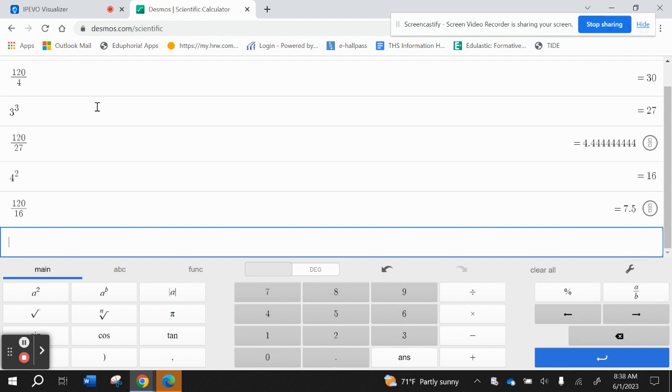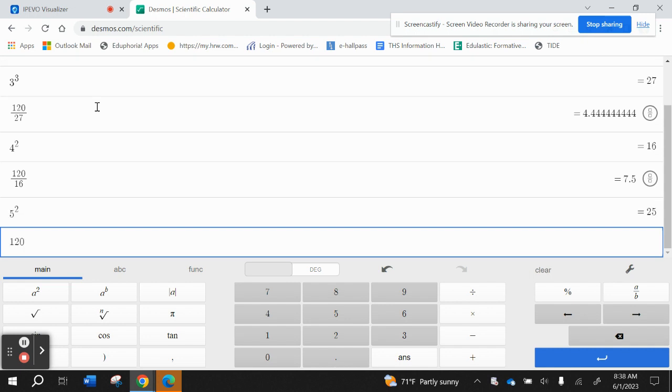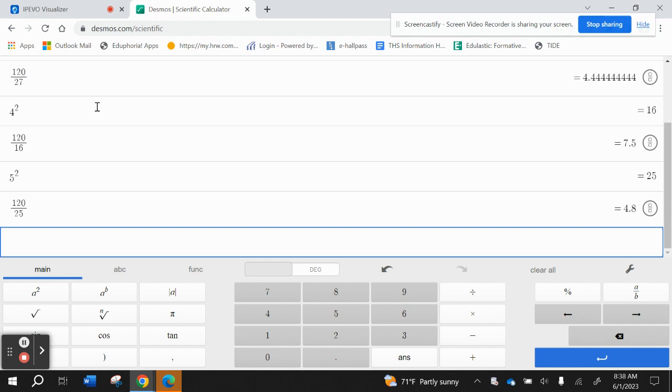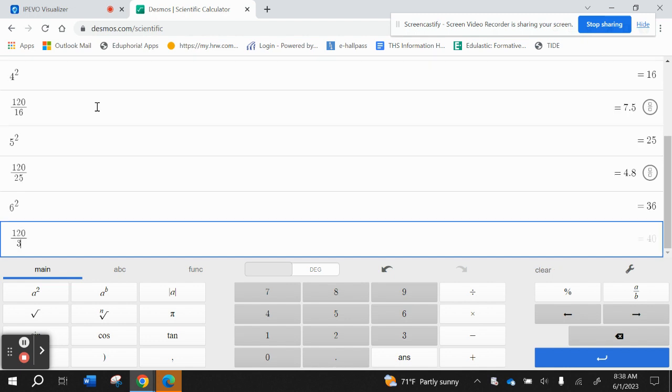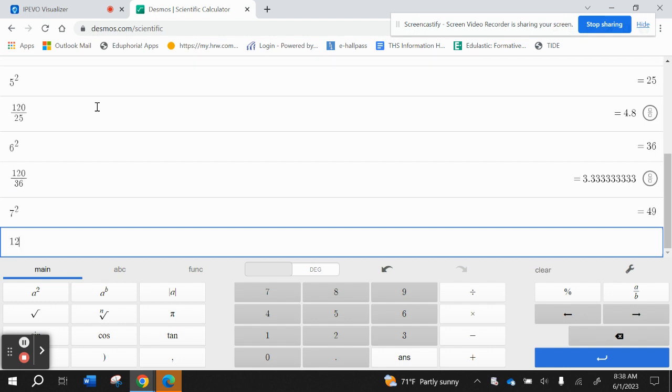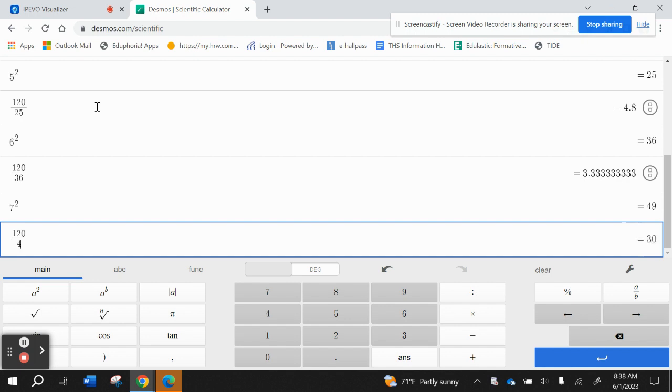So let's try 5 squared, 25. 120 divided by 25. That's not going to work. So let's see, 6 squared, 36 is not going to go into 120, but we can try 120 divided by 36. Nope. 7 squared, 49. 120 divided by 49.